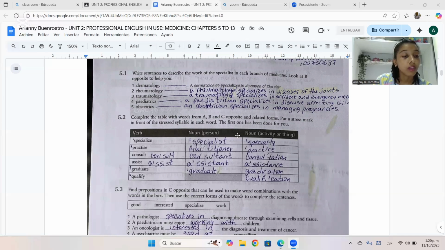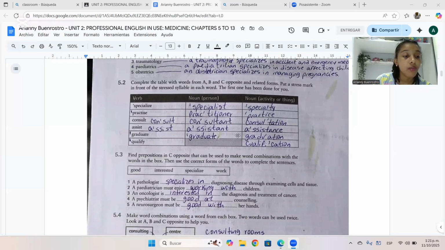Traumatology. A traumatologist specializes in accident and emergency medicine. 4. Pediatrics. A pediatrician specializes in diseases affecting children. 5. Obstetrics. An obstetrician specializes in managing pregnancies.